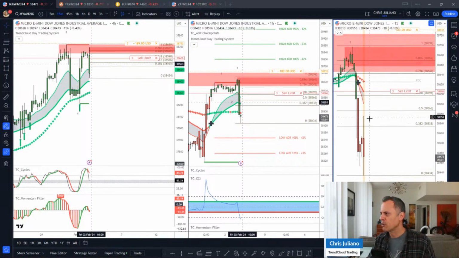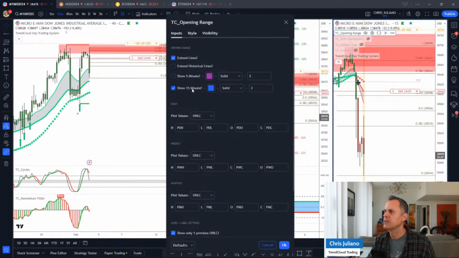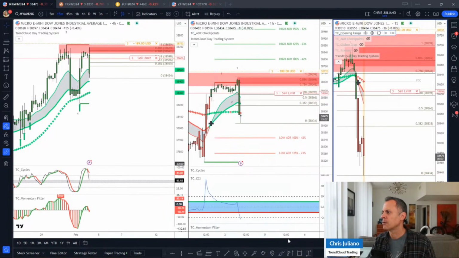So it looks like the opening range is going to be somewhat this candle right here. Let's just make sure we're on the 15-minute. We are. 15-minute opening range. It's probably going to be somewhere in here.